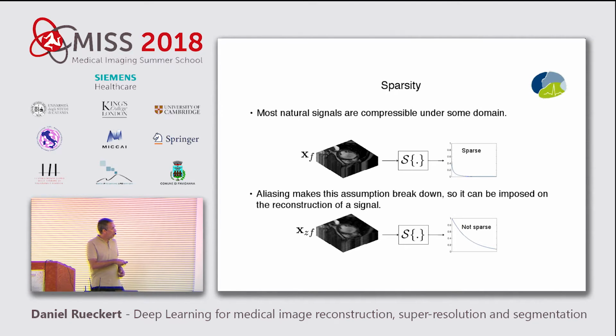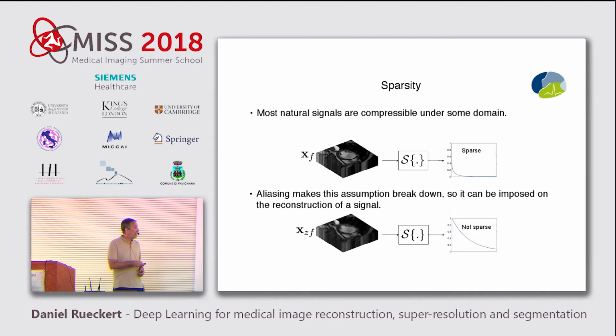Now, the image here below this actually has aliasing artifacts, which you probably can't see. Even I can't see it from here on the podium. But that means it has a lot of noise-like structure in the image. And because this noise is almost random, that's why it's so disturbing for the human eye, it actually becomes much harder to compress this data set.